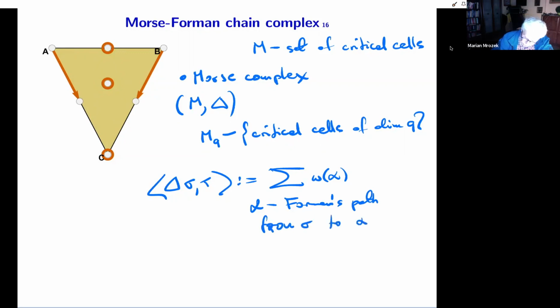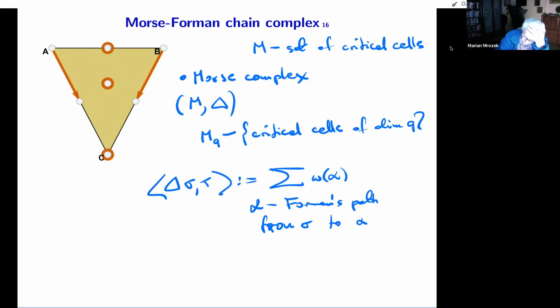This weight is actually the simplest, it's just one. If you take Z2 coefficients. In the more general case, you have to multiply certain incidence numbers. But for Z2 coefficients, all incidence numbers are 1, so the product of ones is just 1.